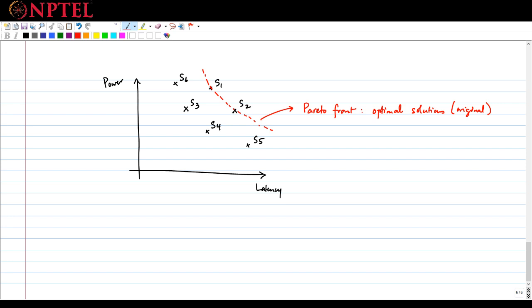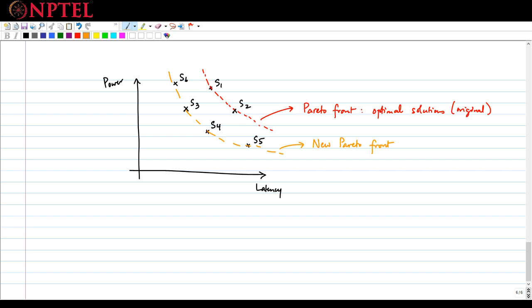But after I have come up with the other architectures, I find that this other line that I have drawn over here is the new Pareto front, right? Why am I calling it a Pareto front? Because each of these solutions, S3, S4, S5, S6, because of the way that I have drawn them, are Pareto equivalent.